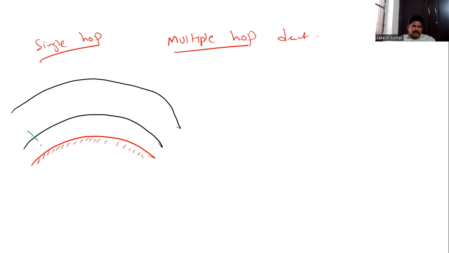Let us consider this is my transmitting antenna, and this is my receiving antenna. This is my receiving end.